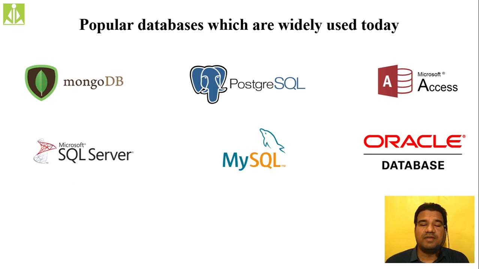Then we have very popular databases which are widely used today all over the world. Of course, we are going to use the Oracle database to do SQL. But not only Oracle, we have different types of database management systems all over the world. Some of them I have listed here. MongoDB is an unstructured data manipulation software.